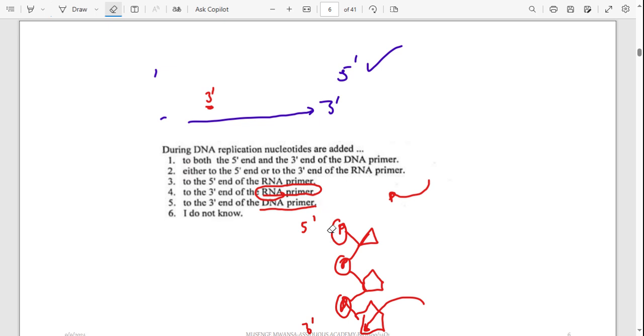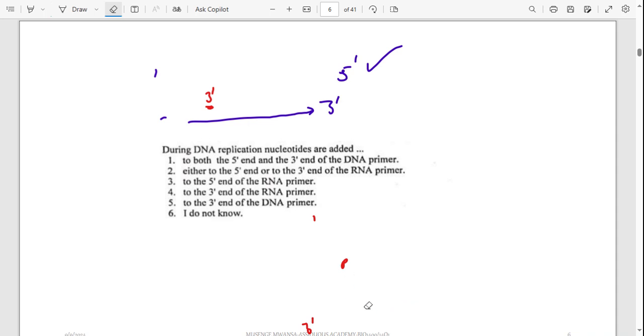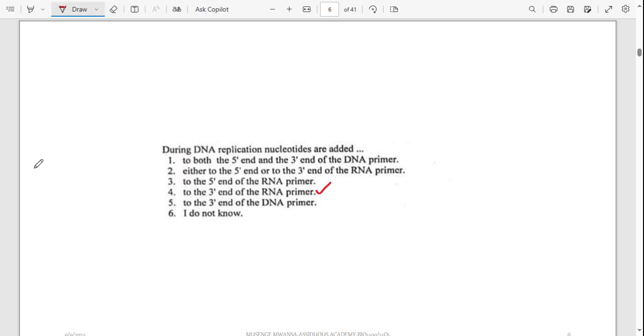Okay, so hope that is clear. Sorry for taking a bit of time. So the primer that we laid down is coming from RNA. So the answer there is going to be RNA. That is the primer.